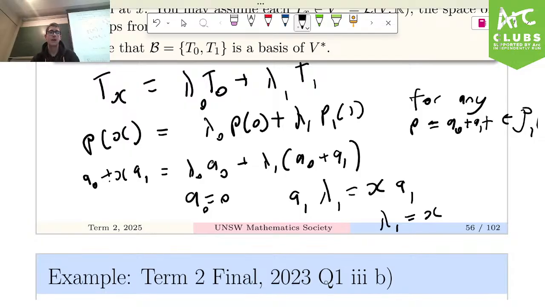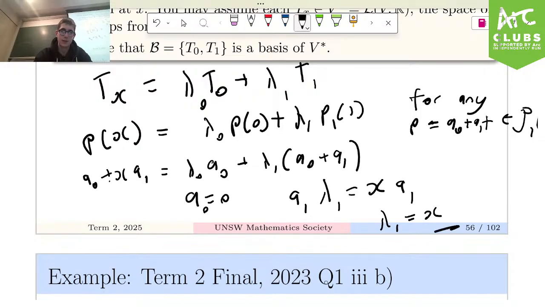If X was 0, then there are some kind of edge cases there. If X was 0, then it doesn't really matter what A1 is. Or actually, if A1 was 0, rather, it doesn't really matter what X or lambda 1 were. But I'm just going to move on a little bit. I'll come back to that idea.